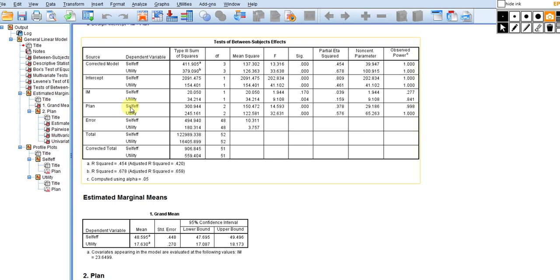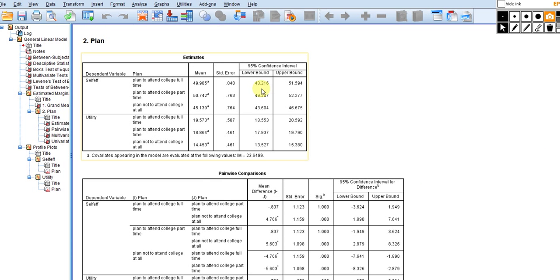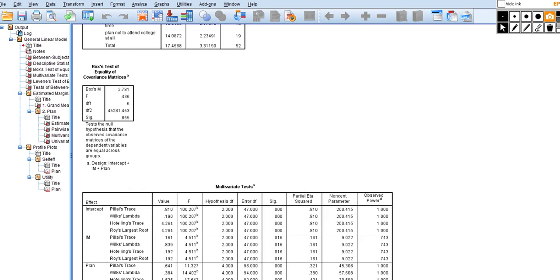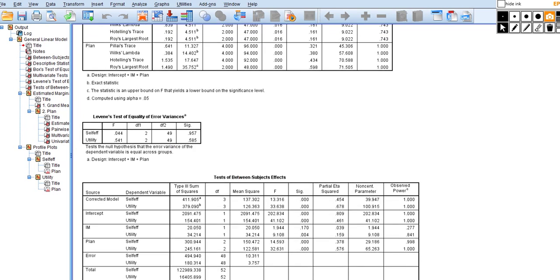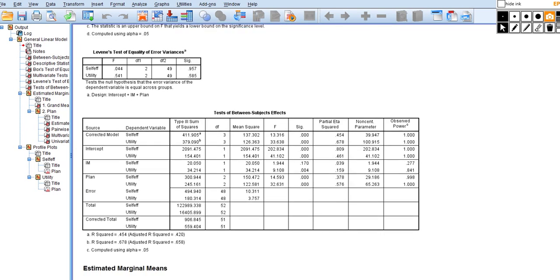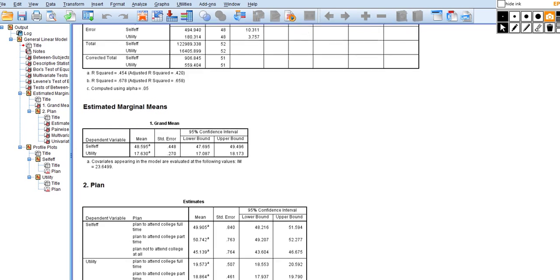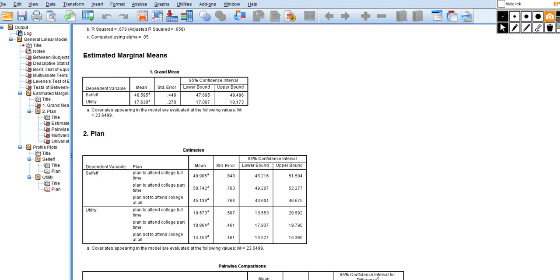So when you're reporting on MANCOVA results, be sure that you report on the adjusted group means rather than the unadjusted group means. Or you might provide both, but at a minimum include discussion of the adjusted group means.